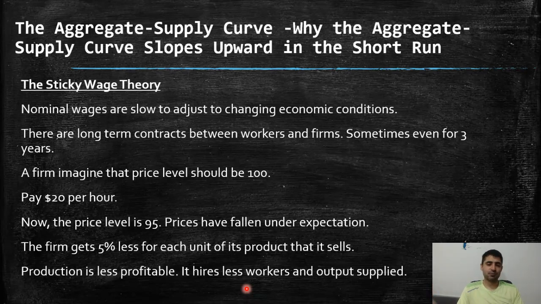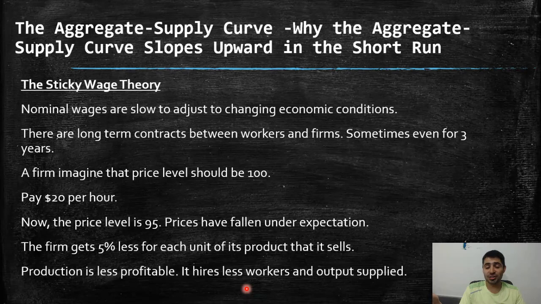So for the firms it's really nice because they're getting 5% less for each unit of product that is sold. It's not really nice. I'm totally wrong. It's completely bad for the company because naturally they're going to sell at a lower price. Sorry, I misunderstood.